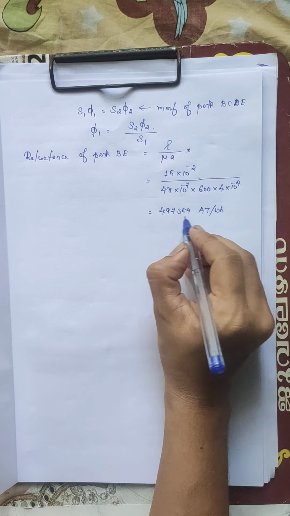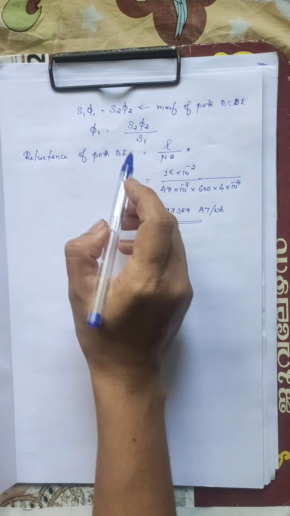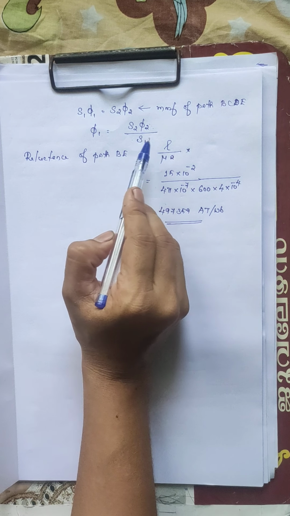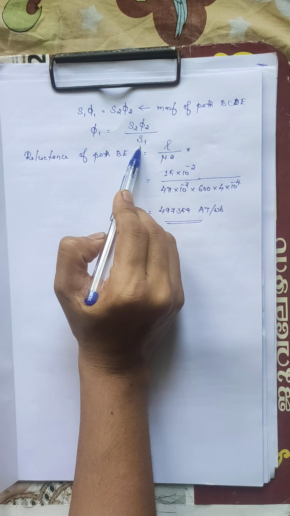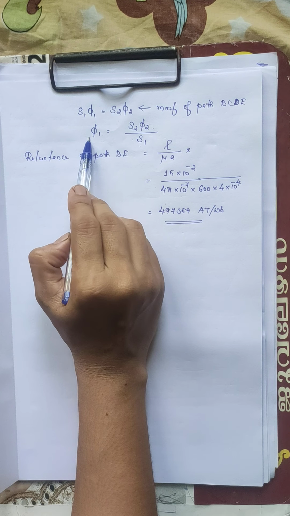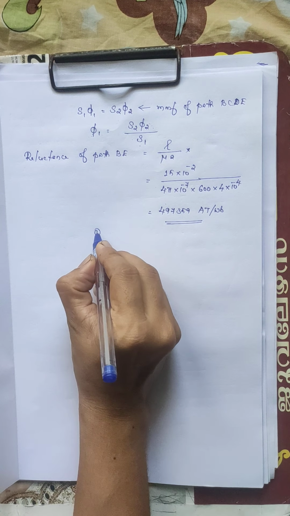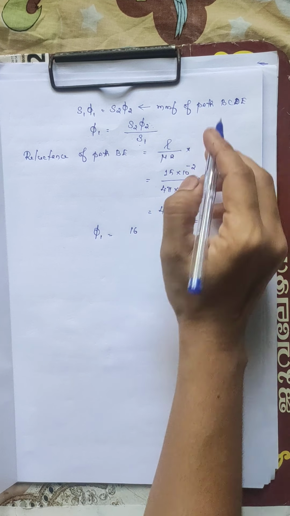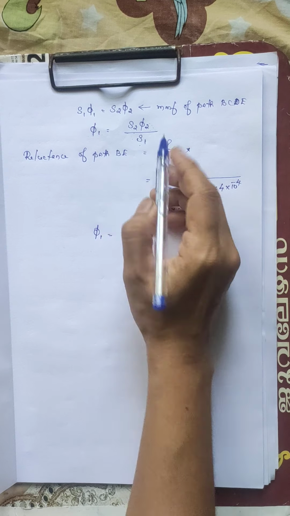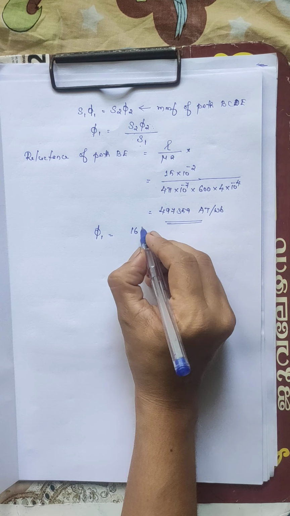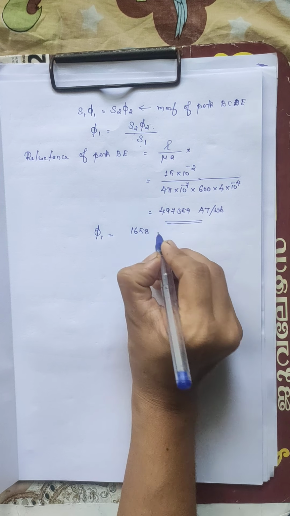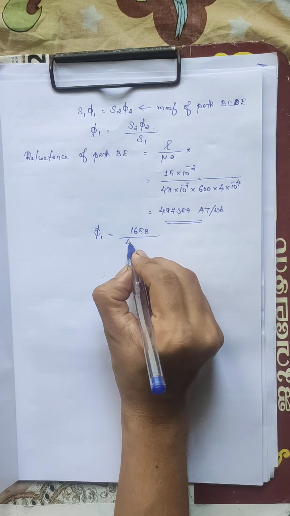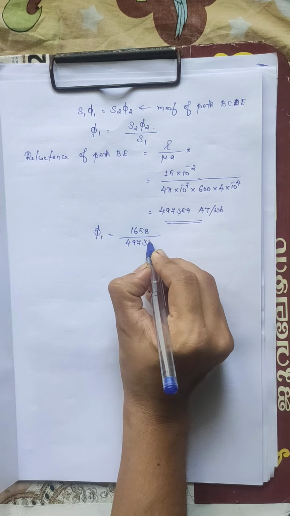So this will be the reluctance of path BE, and on dividing the MMF of path BCDE by the reluctance of path BE, we will get the flux carried by path BE. So phi 1 is equal to MMF of path BCDE, or S2 phi 2, which was 1658 ampere turns, divided by the reluctance of path BE, that is 497,359.